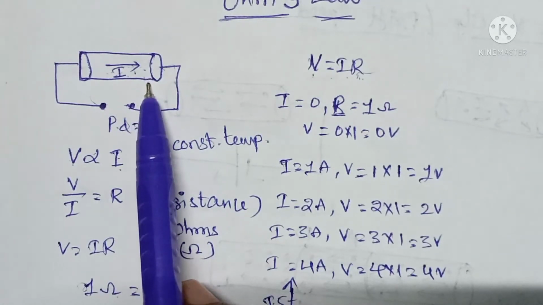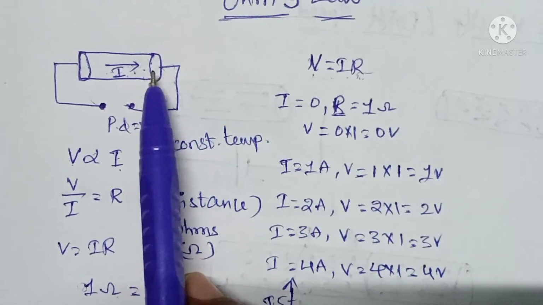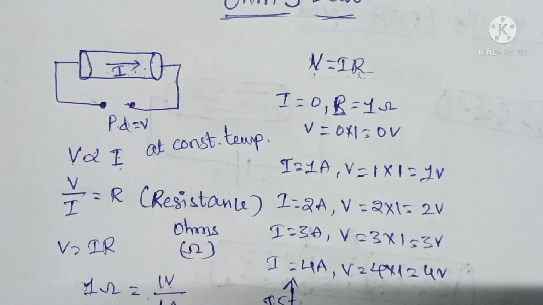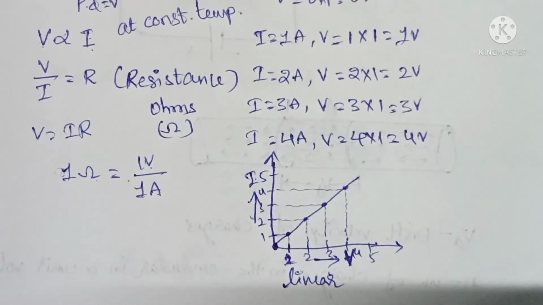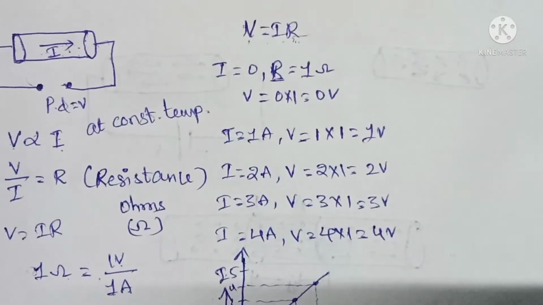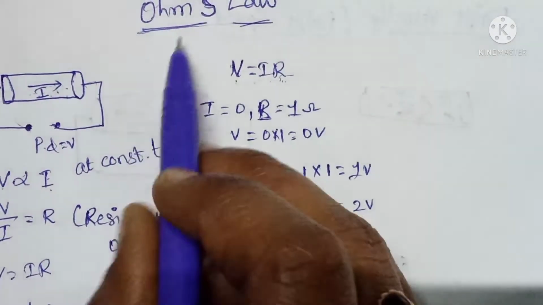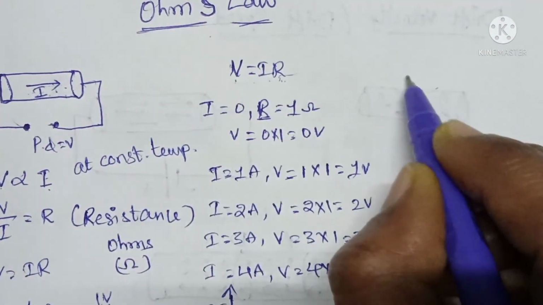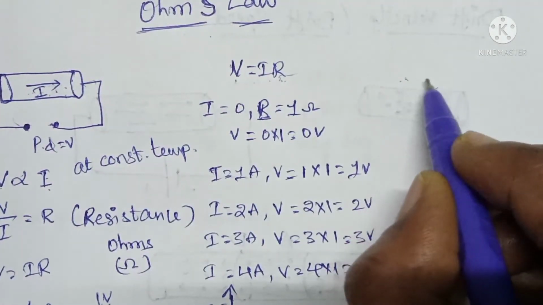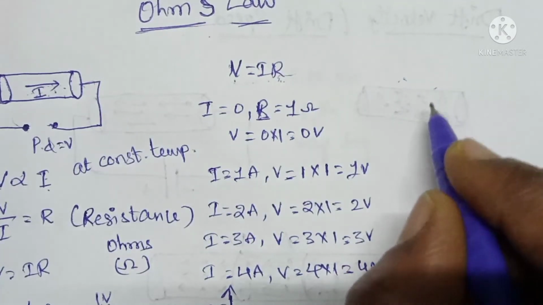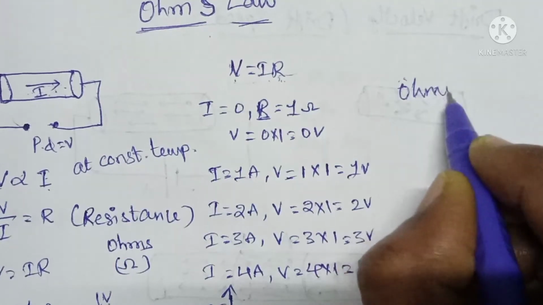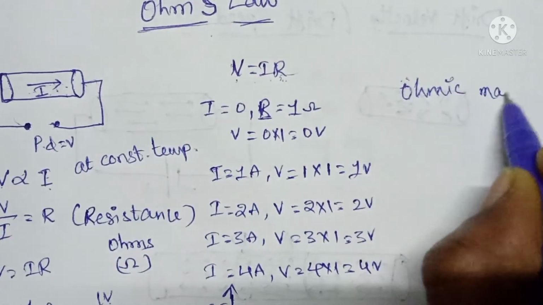The materials which have linear characteristics only obey Ohm's law. That means the materials which obey Ohm's law are called ohmic materials.